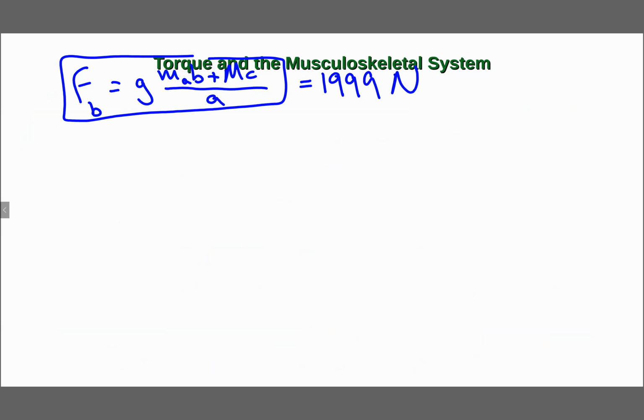First off, this is to lift an object that has a mass of 20 kilograms. So what's the weight of an object that has a mass of 20 kilograms on the surface of the Earth? The weight of this object is going to be mg, and that's equal to 196 newtons, okay?